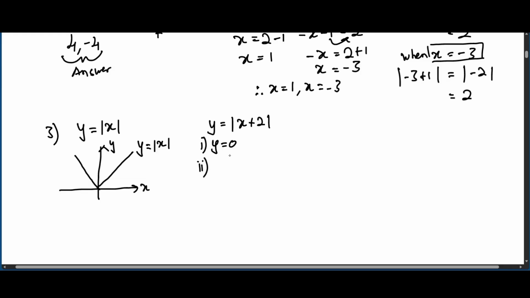Second step, x equals to 0. And third step is a bit more complicated. You need to use the y-intercept. Okay, so how do you find the y-intercept? Y-intercept you found from here.